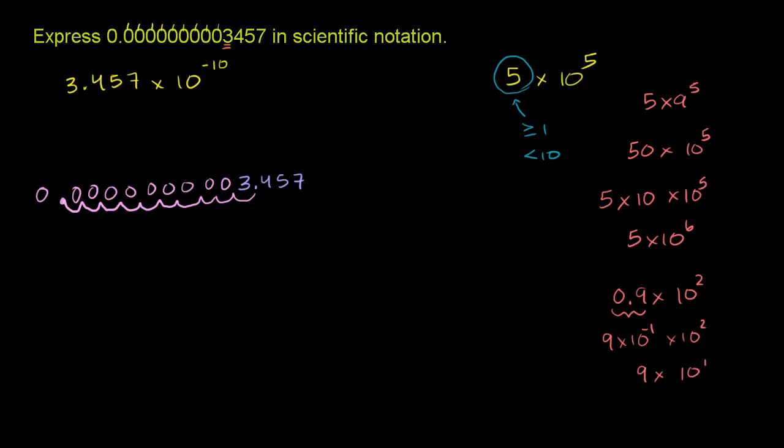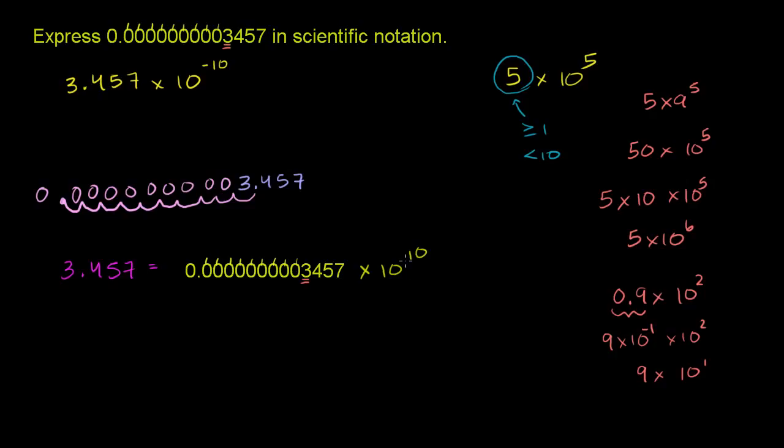You could say that, and these are all multiple ways of looking at the exact same thing, that 3.457 is equal to this number, which I'll copy and paste, times 10 to the 10th power, right?